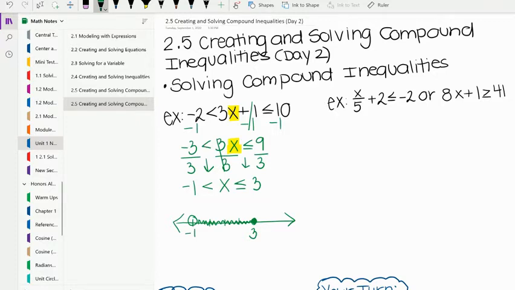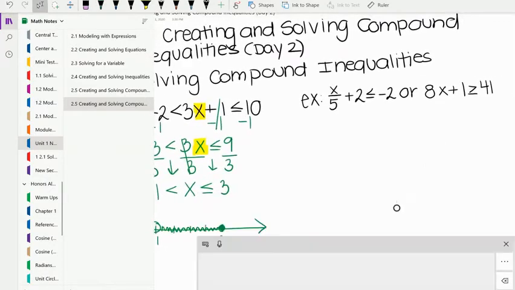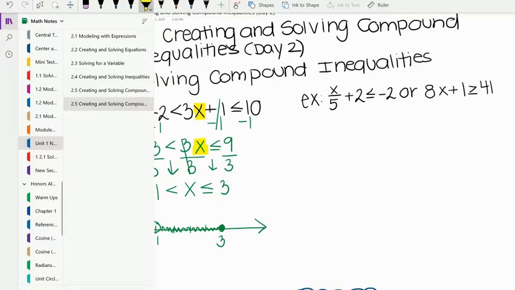All right, this one we have an or inequality. It's kind of a giveaway because it says the word or. So what we're going to do is treat these separately and solve for x for both of them. So for this one, I'm going to go ahead and subtract 2 from both sides. So I get x over 5. Those 2's cancel.